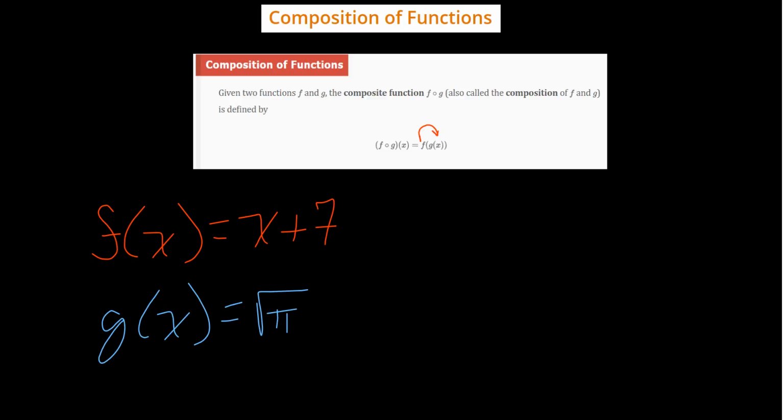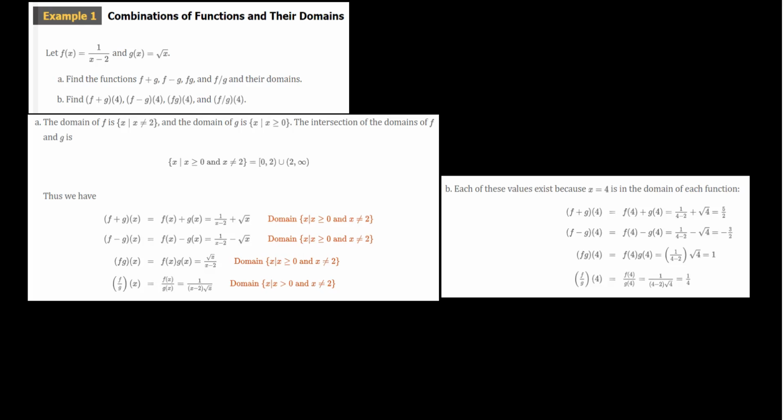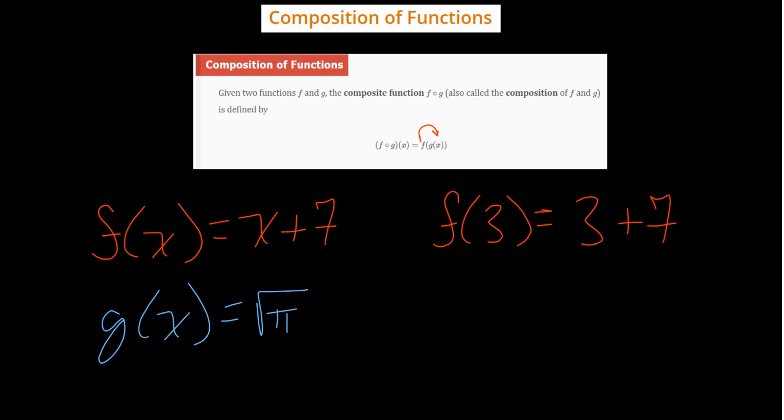In the past, we might have evaluated the function f of 3. If we evaluate f of 3, then we put 3 everywhere there's an x. That's essentially what we did on the B part of example 1, when we took f plus g of 4: we put a 4 everywhere you see an x.